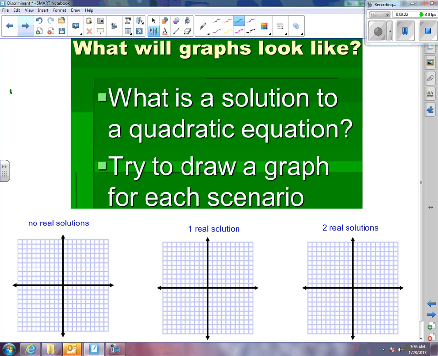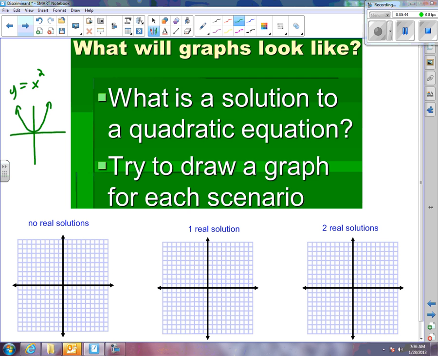So if you remember, y equals x squared is just the shape of a parabola. I know we haven't done this in a while, but remember what we did back in graphical transformations, how it was shifted up and down. We have this U shape. So if you have a U shape with no real solutions, the solution is a 0 where it hits the x-axis. That means that it's not going to hit the x-axis anywhere.